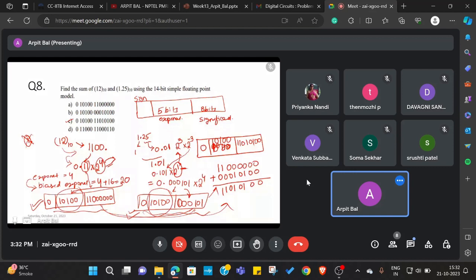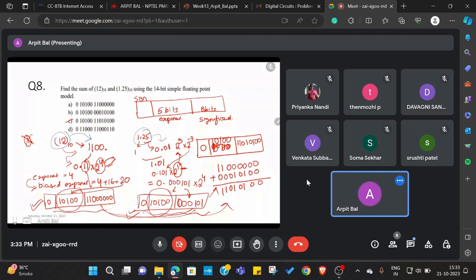So the next question uses the simple floating point model, and we have to find the sum of 12 and 1.25. The first thing I do is convert 12 into binary. I also convert 1.25 into binary.